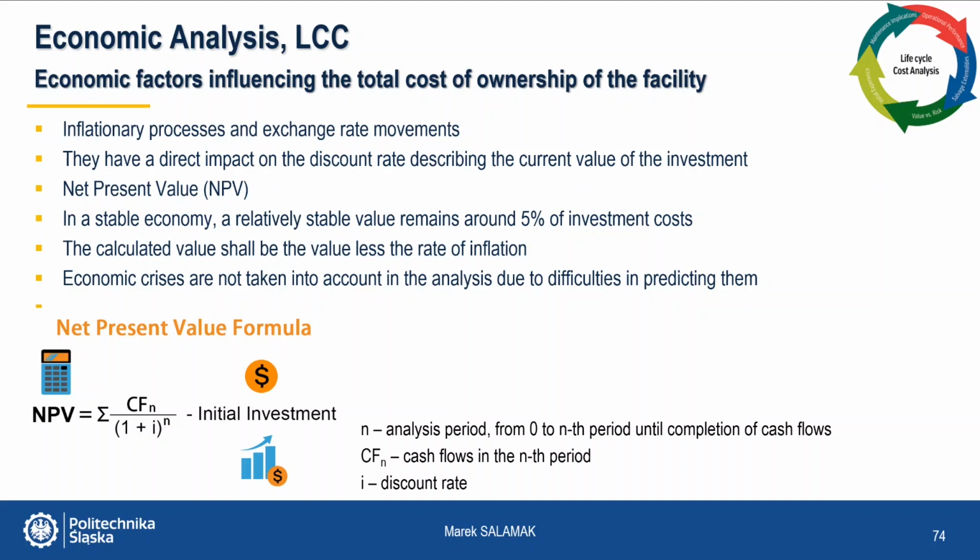It is about converting to the net present value of money. Although many economic factors influence it, it maintains a relatively stable value which fluctuates around 5% of investment costs. The calculated value is the value reduced by the inflation rate. Other factors influencing the economic situation, such as economic or inflationary crises, are not considered in the analysis due to difficulties in forecasting them.